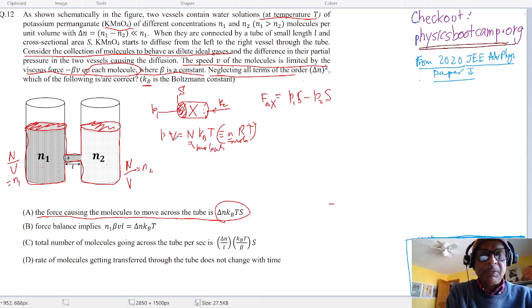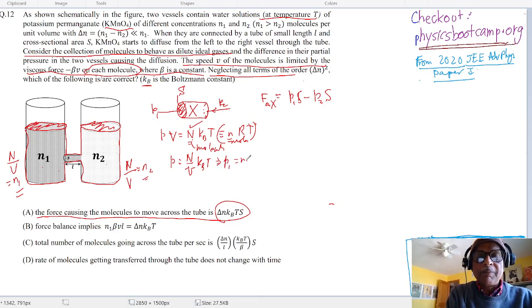So if I divide by V on the other side, this puts N over V, that's what these are. That's why I'm using the molecular form. So P1 will be N1 kBT and P2 will be N2 kBT.